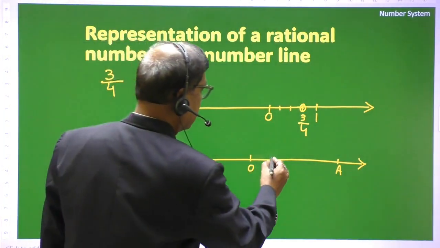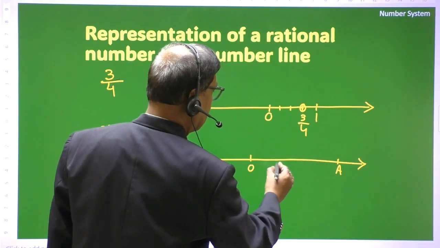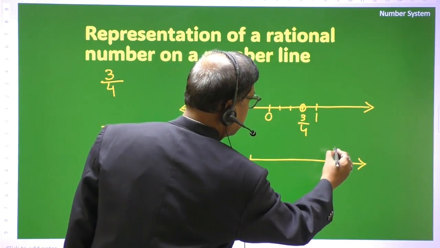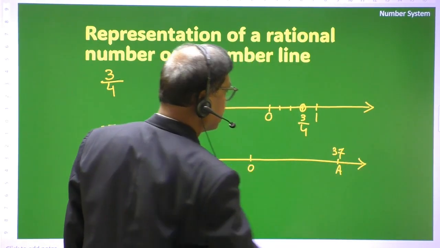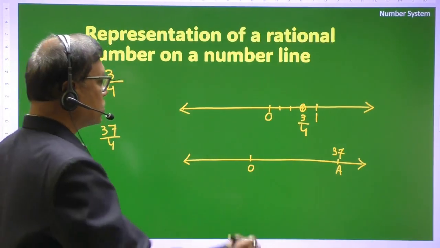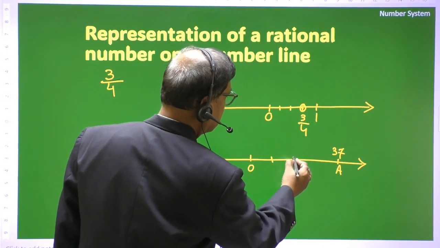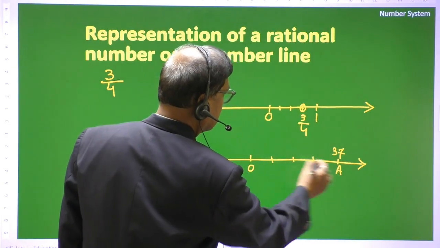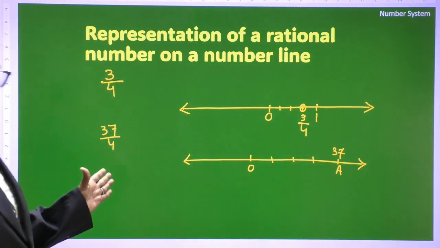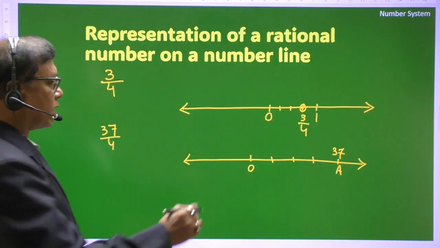That means if we divide into 4 equal parts, so this point represents 37. So I am dividing into 4 equal parts, 1, 2, 3. And 37 by 4 is 1/4 of 37.